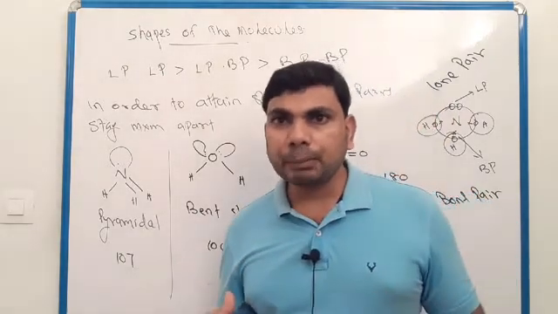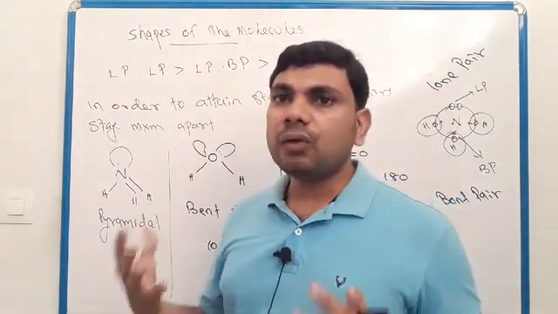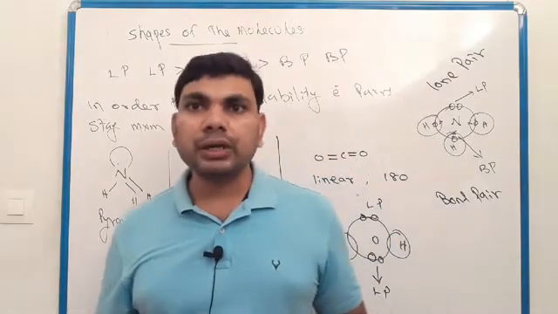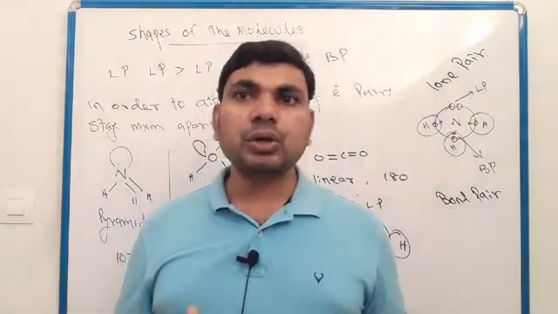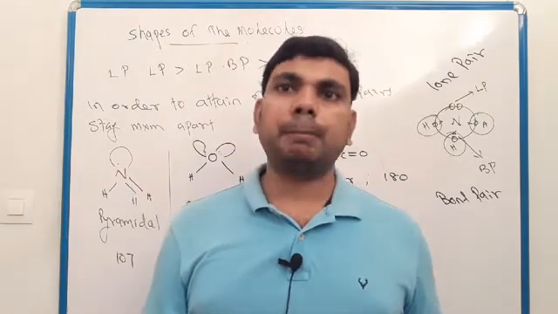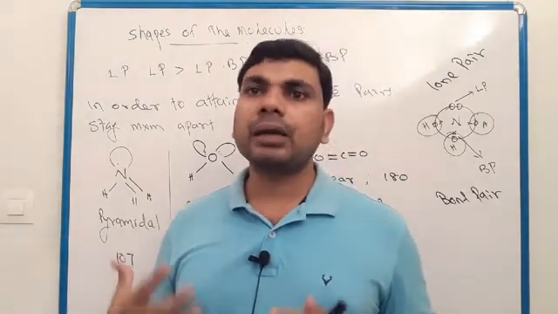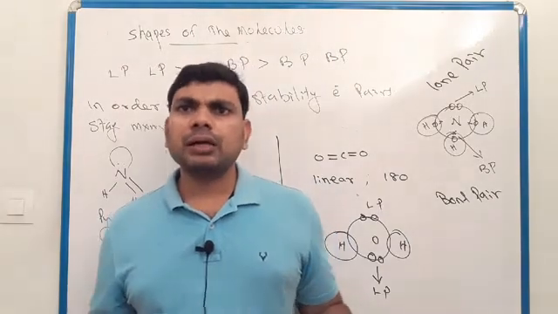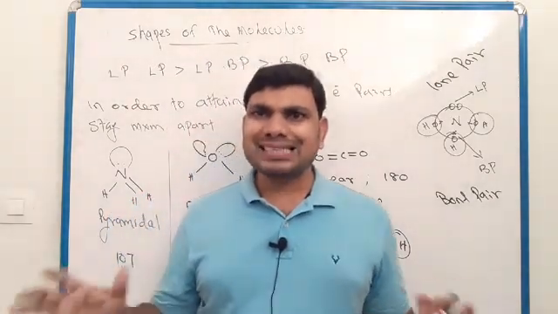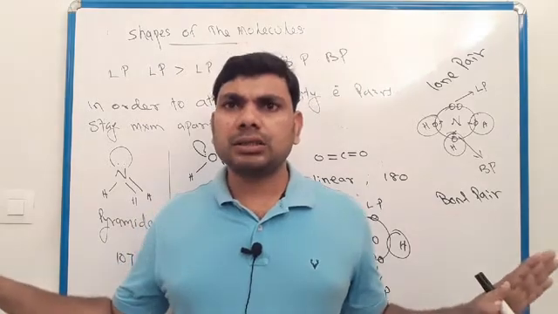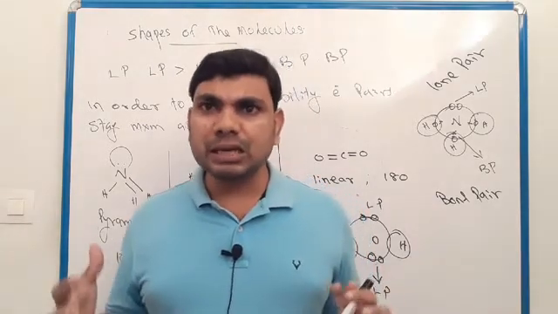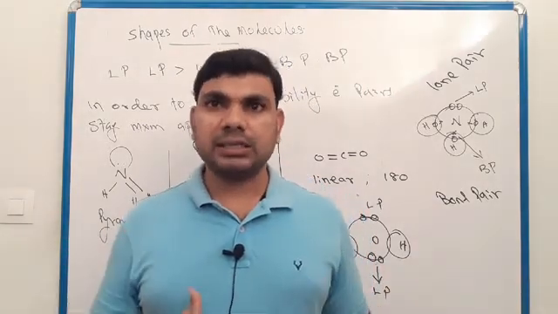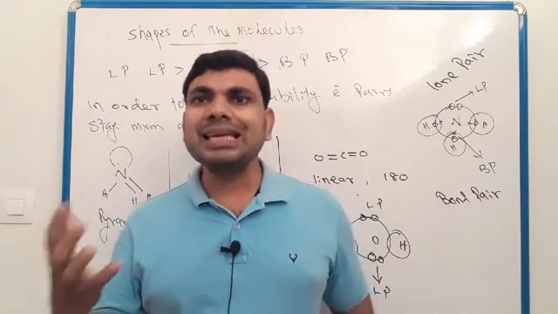So electron pairs that do not involve any type of chemical bonding are lone pair electrons, and they have greater repulsion compared to bond pair electrons. These electron pairs stay maximum apart to get maximum stability and least energy. Molecules need to be stable.